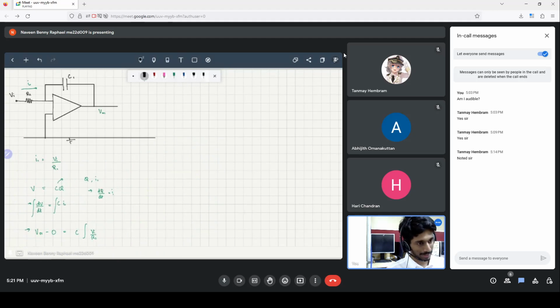I hope that part made sense. This is why we are calling this the integrator, because essentially, depending on the sign of the input, the output of this gives us an integral of the input.